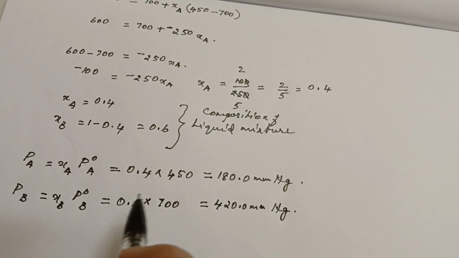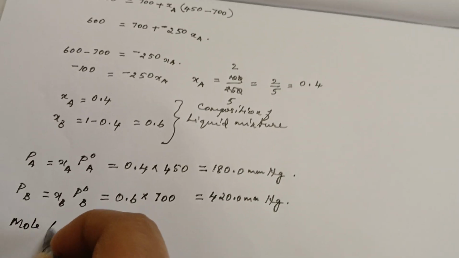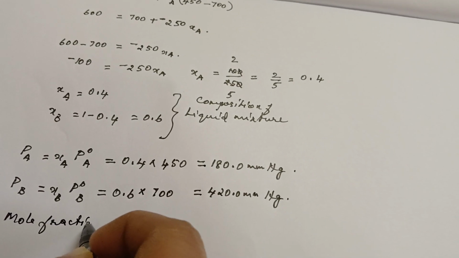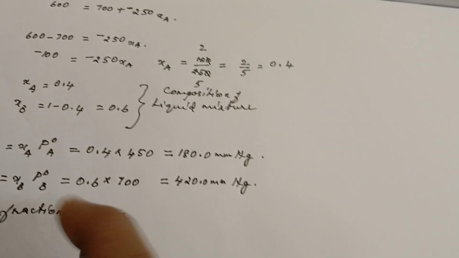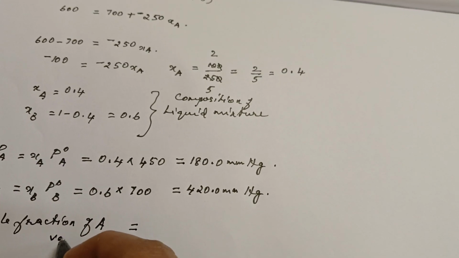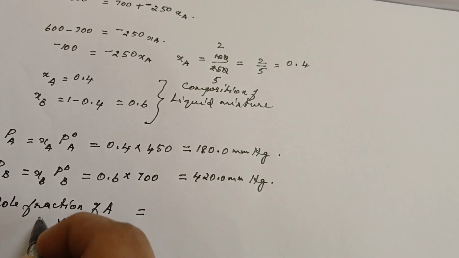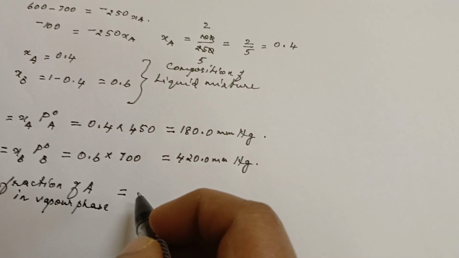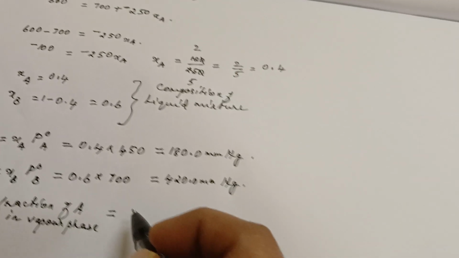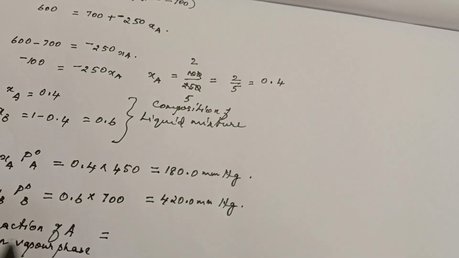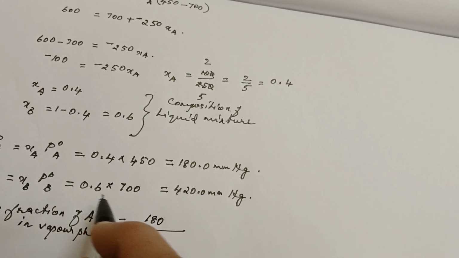Now we need to find the mole fraction of each. So mole fraction of liquid A in the vapor phase is equal to 180 divided by total pressure.